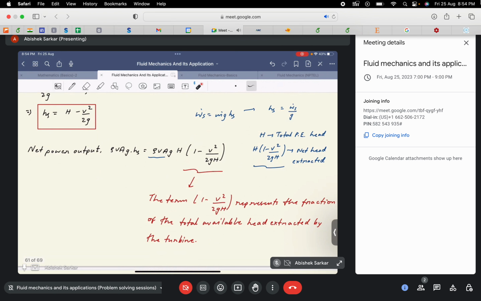This is the basic idea, the basic working principle of any turbine. Okay, and we also discussed the basic working principle of pumps. We will discuss some problems where these forms of the equations will come in handy. So it is suggested that you remember this form of the equations, in the case of pumps as well, and also keep in mind the sign convention, in which case Hs will be positive and in which case negative.